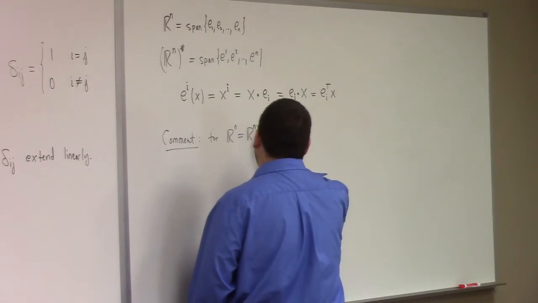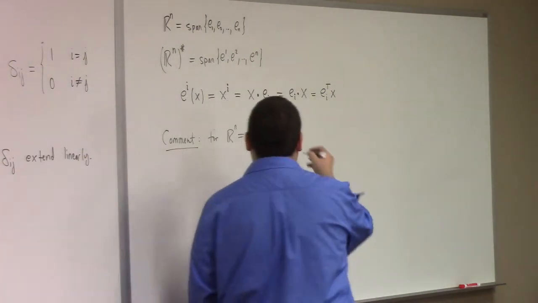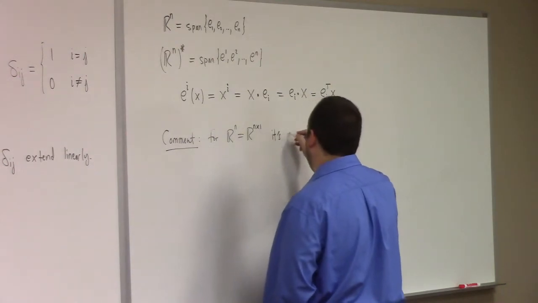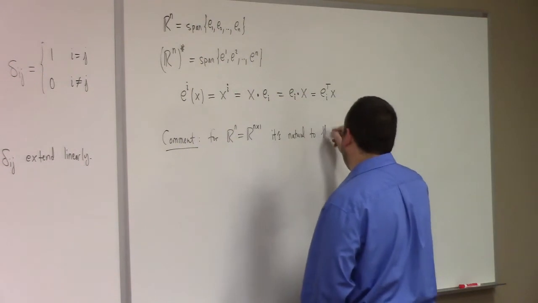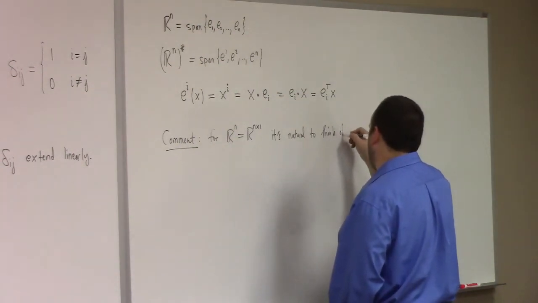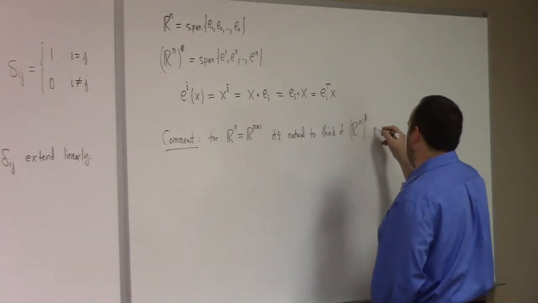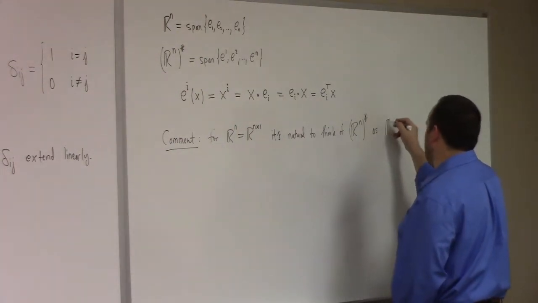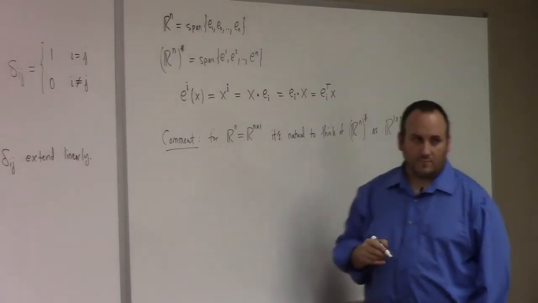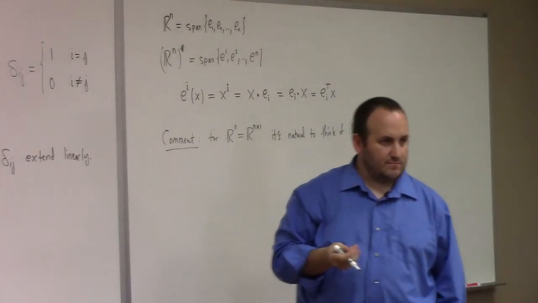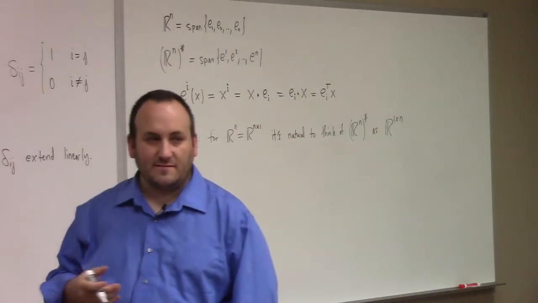So for Rn equal to n by 1, it's natural to think of Rn dual as R 1 by n. But that's a lie.